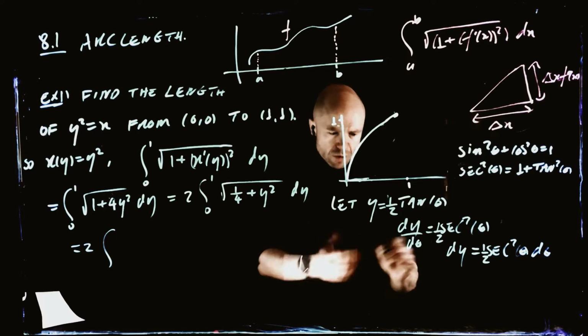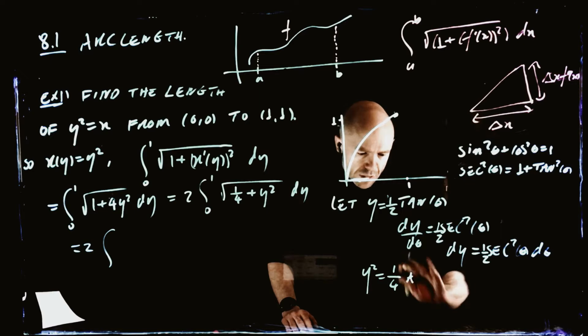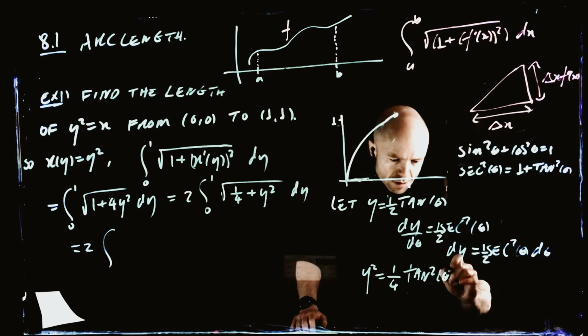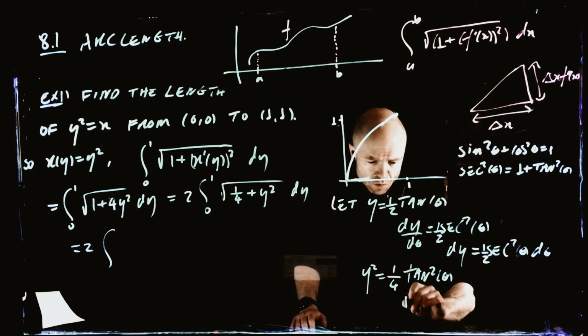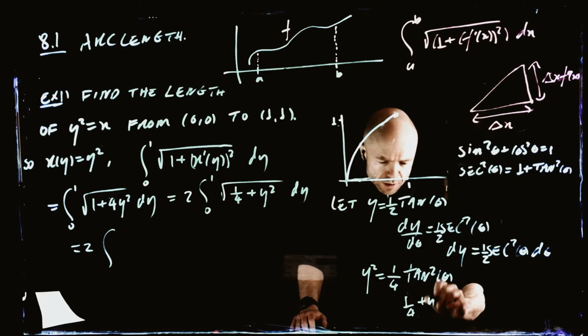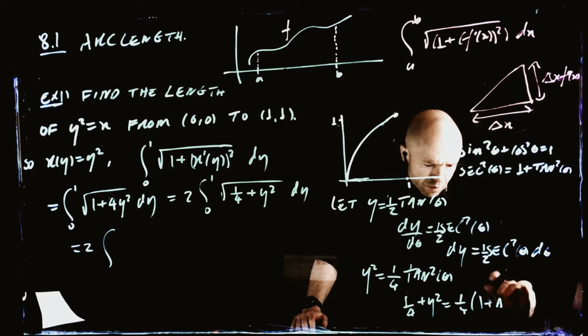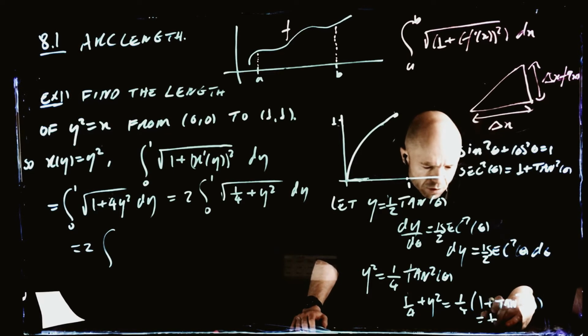So then y squared equals 1 over 4 tan squared. And then in this identity here, we have that 1 over 4 plus y squared is 1 over 4 of 1 plus tan squared, which is 1 over 4 sec squared of theta, right?